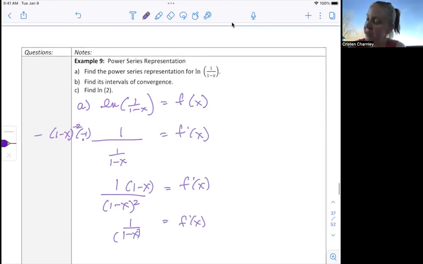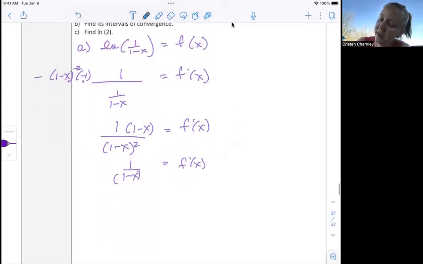So I want to know natural log of x. So the question is, how do I get from this expression back to natural log of x? And the answer is I find the antiderivative. I look for the antiderivative, so I integrate. So if I integrate 1 over 1 minus x, I integrate f prime of x, right?